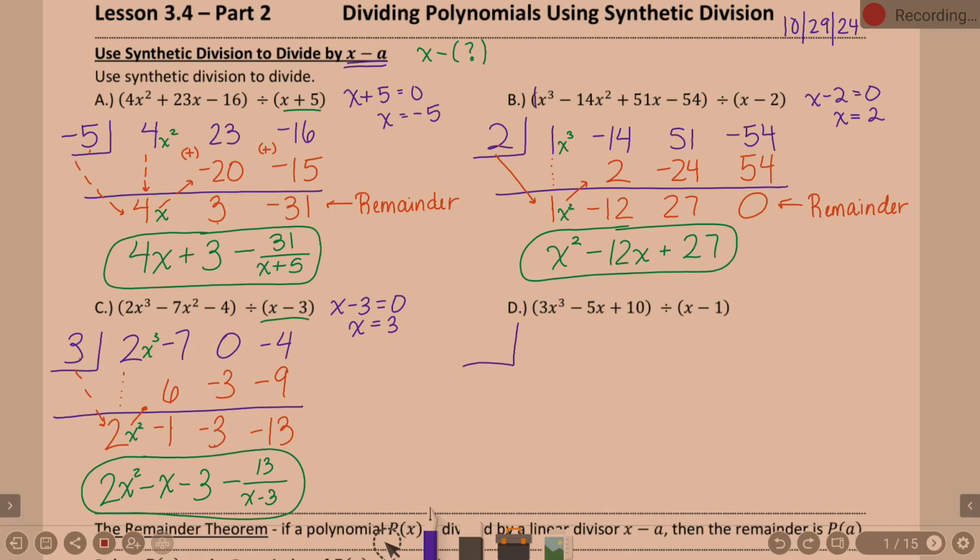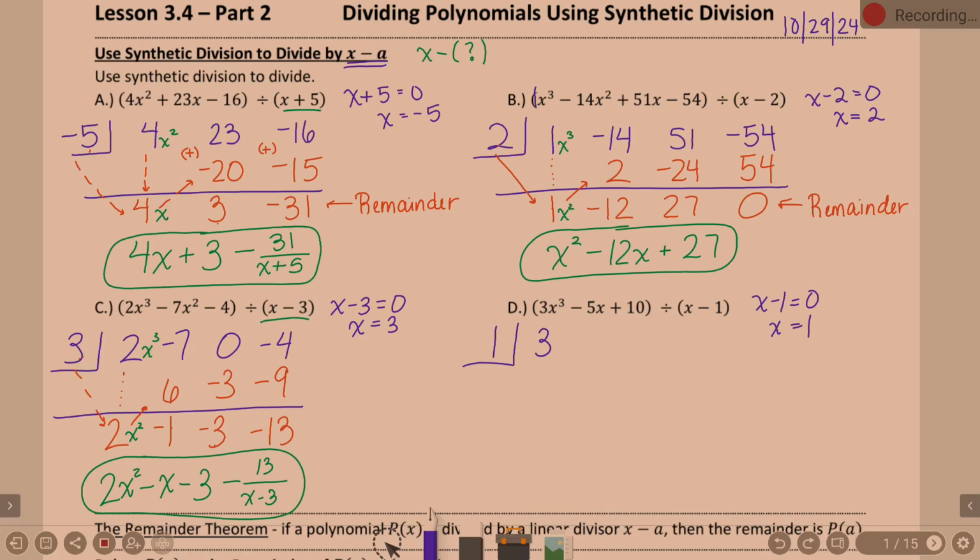D, 3x cubed minus 5x plus 10, all divided by x minus 1. What are you putting in your box? A 1. This is x minus 1, so if I set it equal to 0, we're going to use x as 1. What about my row of numbers? What do I start with? 3.